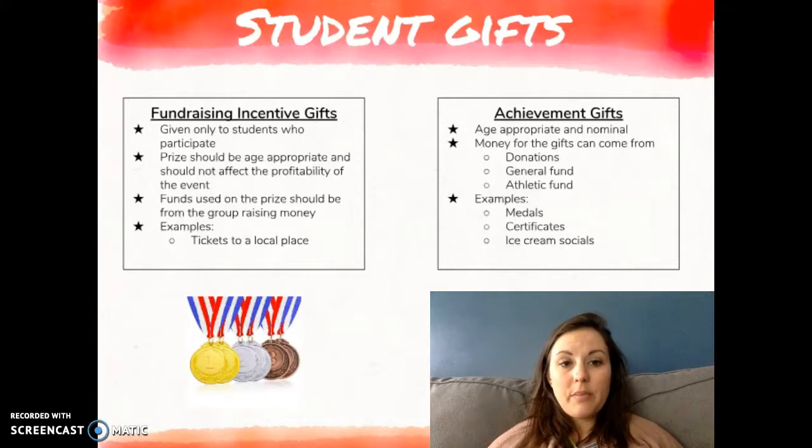Funds for these prizes should be raised from the group that is raising the money. These are typically very simple things, and a lot of times they are donated from other people within our community. So think about tickets to a local place such as a theme park or a zoo, something like that.